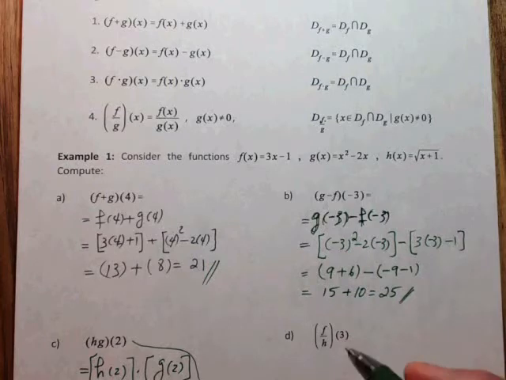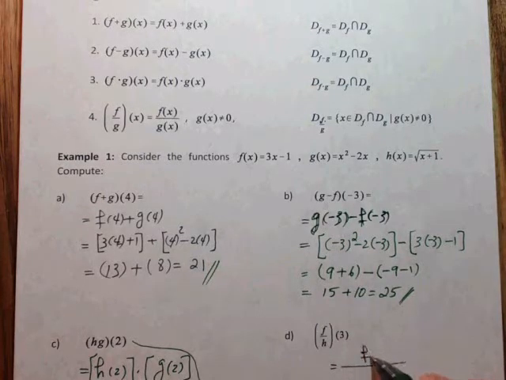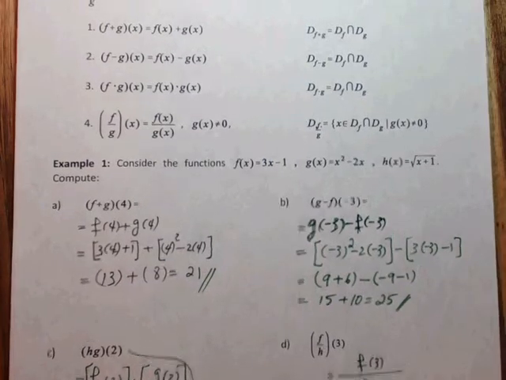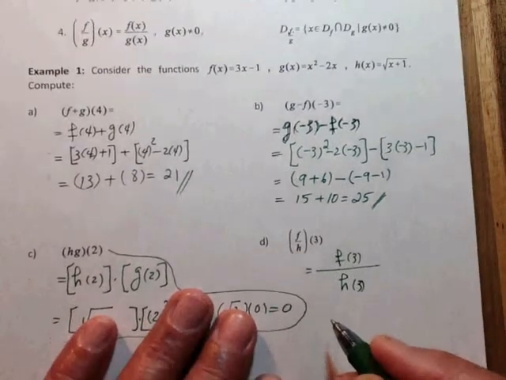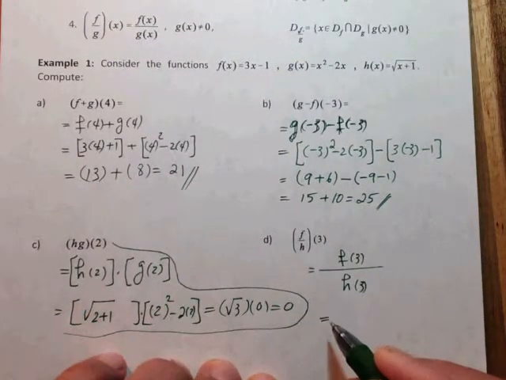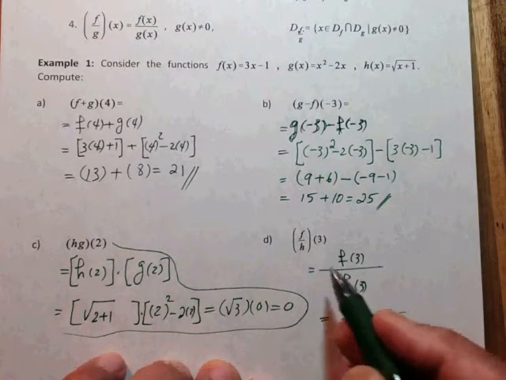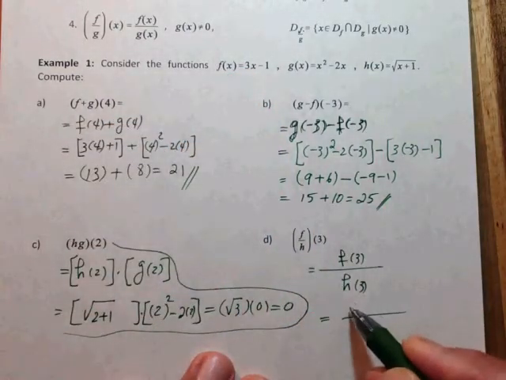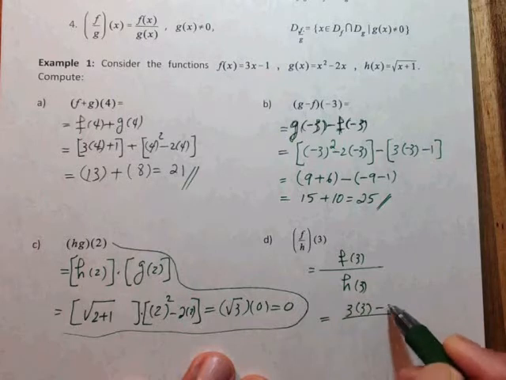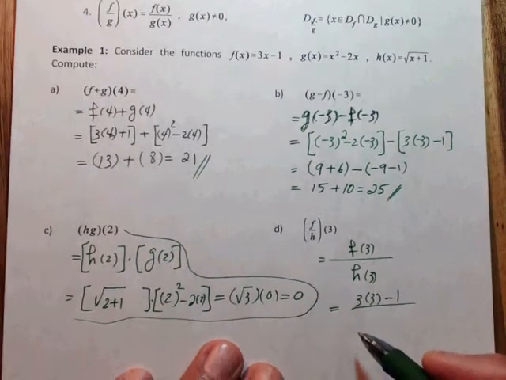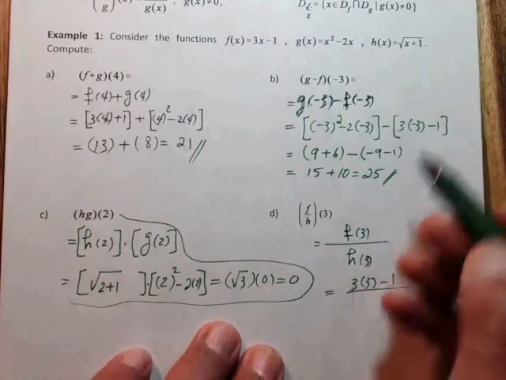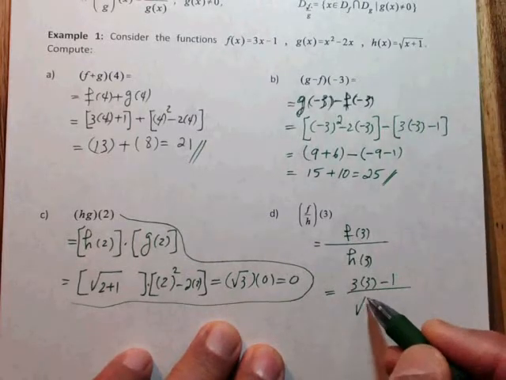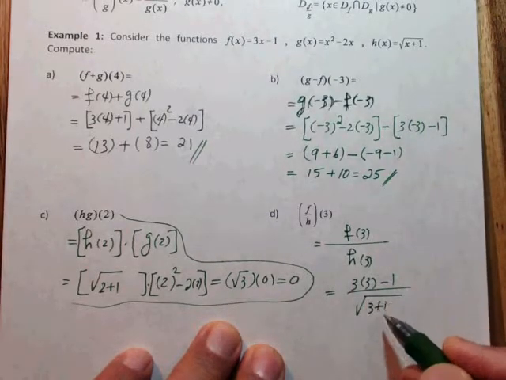f divided by h at 3. This is f of 3 divided by h of 3. f of 3 means in f replace x by 3, so you get 3 times 3 minus 1. h of 3 means here replace x by 3, so it's the square root of 3 plus 1.